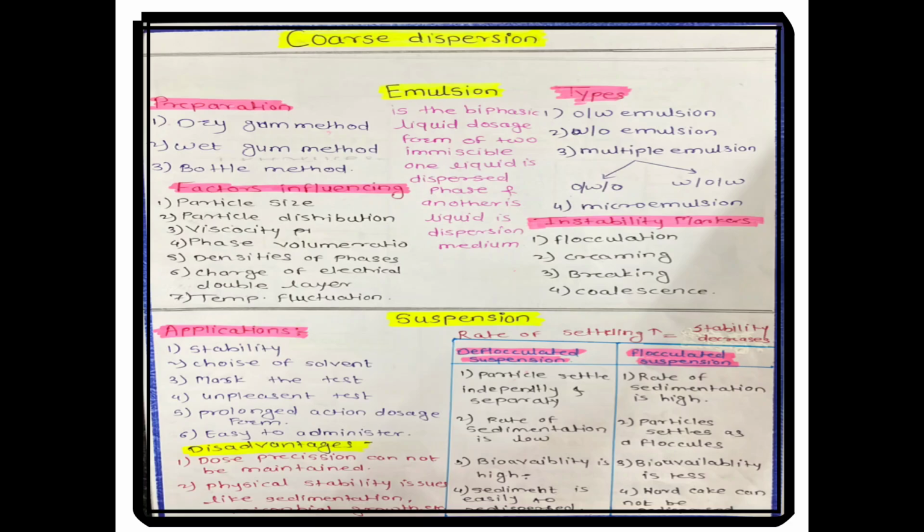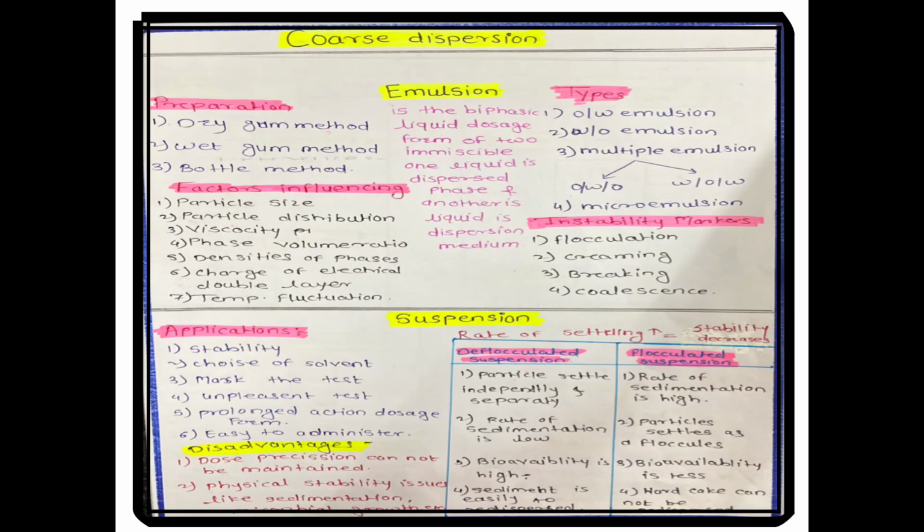Types: O/W emulsion, W/O emulsion, and multiple emulsions, that is O/W/O, W/O/W, and microemulsion. Factors affecting emulsion stability: particle size, particle distribution, viscosity, phase volume ratio, densities of phases, charge of electrical double layer, temperature fluctuations.